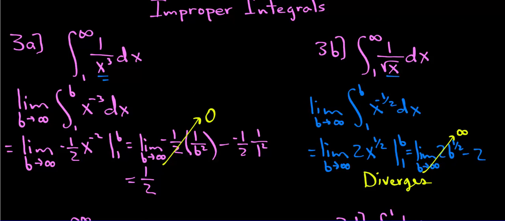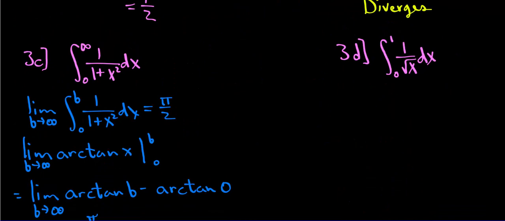Now remember when we said that when you have an integral like this, 1 over x to the p, this integral will converge only if p is bigger than 1. So if you have x to the third, x to the fourth, and so forth. Over here, x is raised to a 1/2 power. So that one diverges.